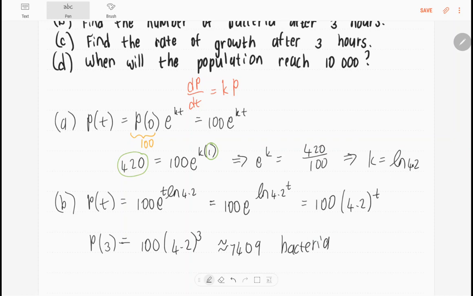Then they say in the next question, find the growth after 3 hours.